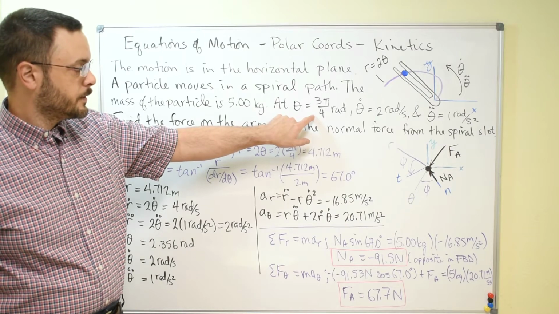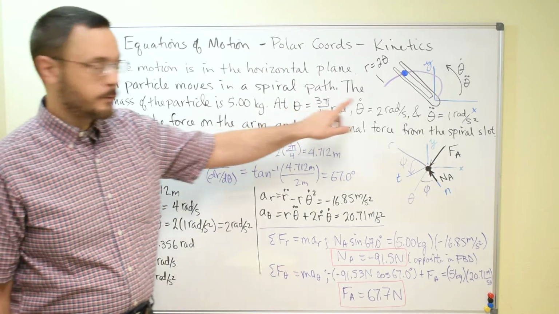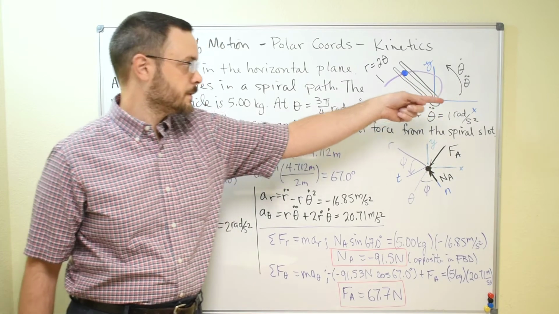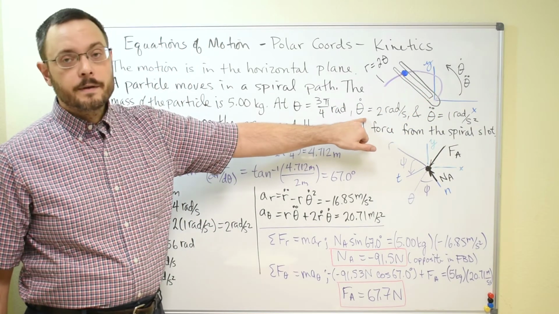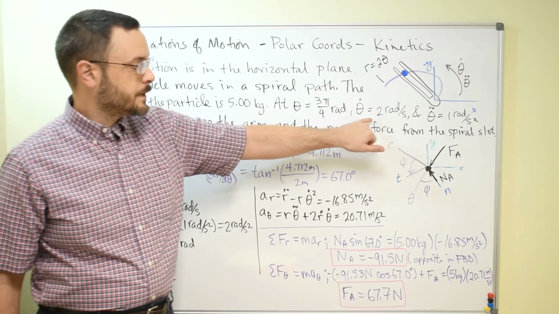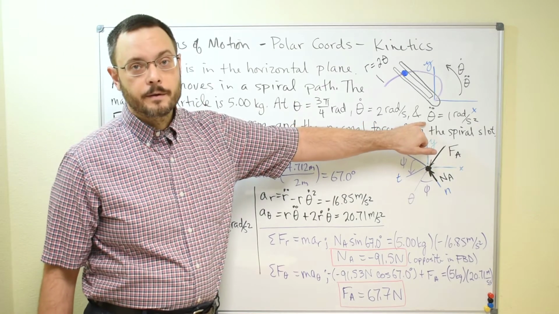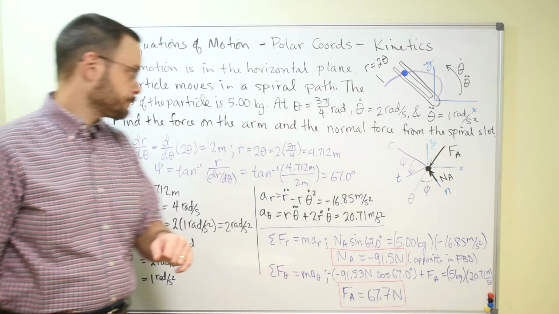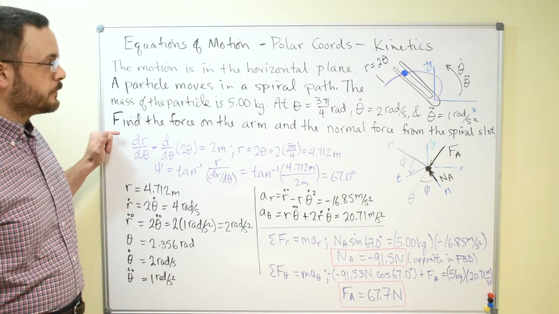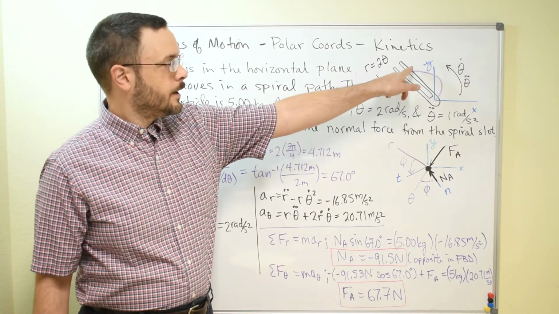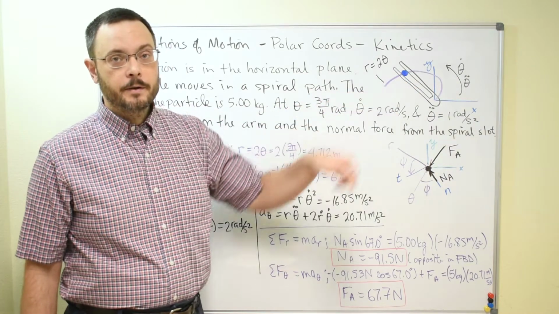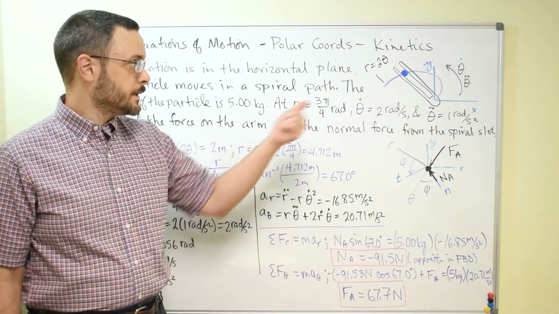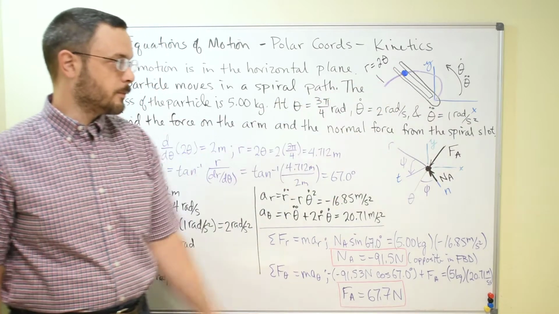So at this angle of 3 pi over 4 radians, so this angle here along the x-axis would be an angle of 0, theta dot is 2 radians per second, and theta double dot, the angular acceleration, is 1 radian per second squared. We want to find the force exerted on the particle by the arm, and also the normal force exerted on the particle by the slotted path, the purple path.